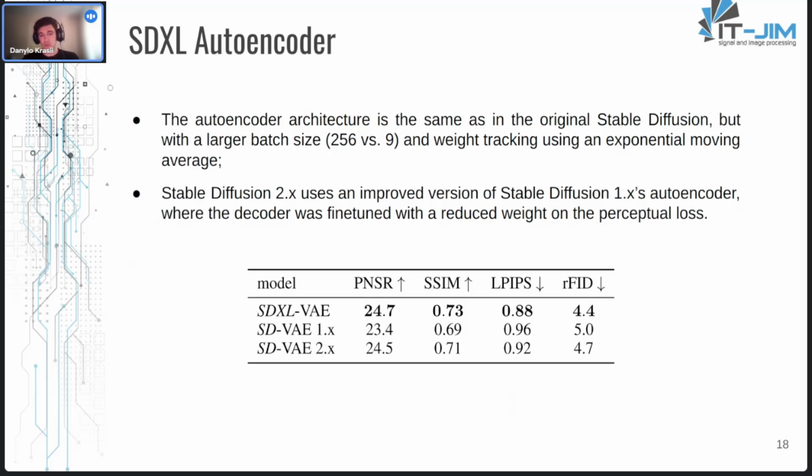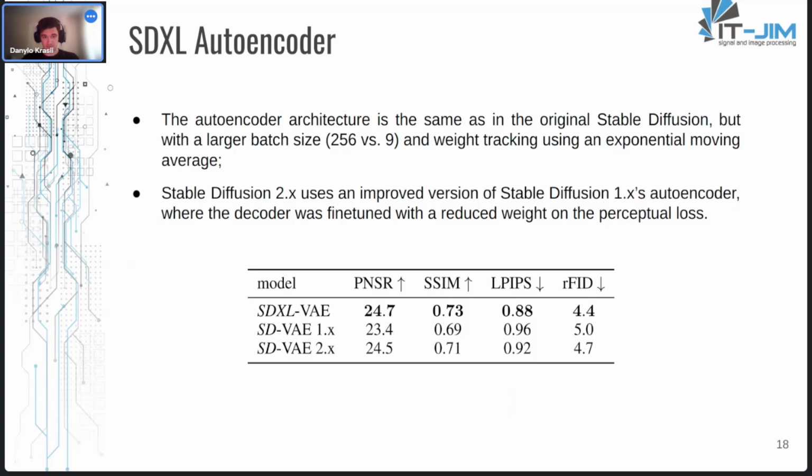Stable Diffusion 2 uses an improved version of Stable Diffusion 1's autoencoder, where the decoder was fine-tuned with a reduced weight on the perception loss. So XL's version of the autoencoder is much better than in Stable Diffusion 1, and a little bit better than Stable Diffusion 2.